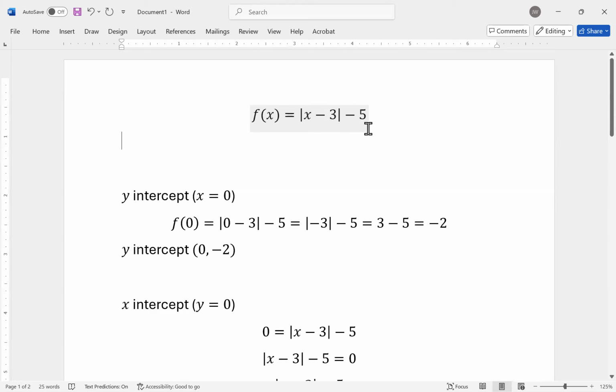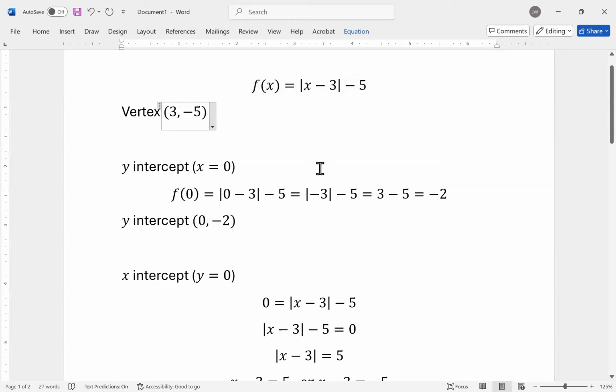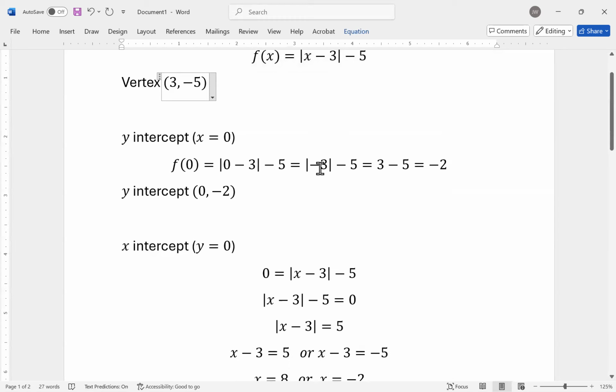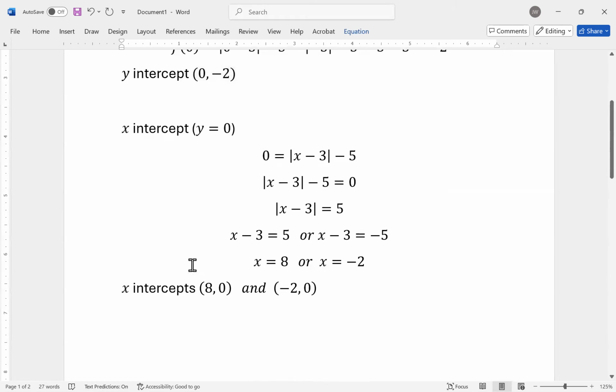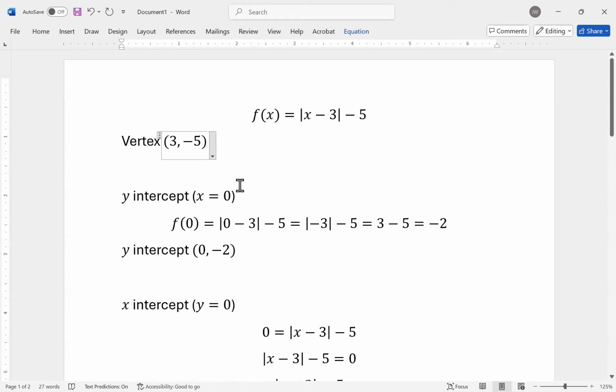So technically, our new vertex is going to be at the point 3, comma, negative 5. Let's go ahead and graph all of those points, the vertex, the y-intercept, and the two x-intercepts, and see if that all lines up to what we get with technology when we graph this.